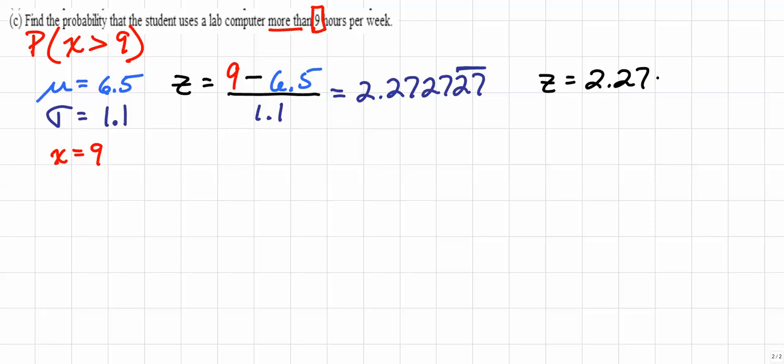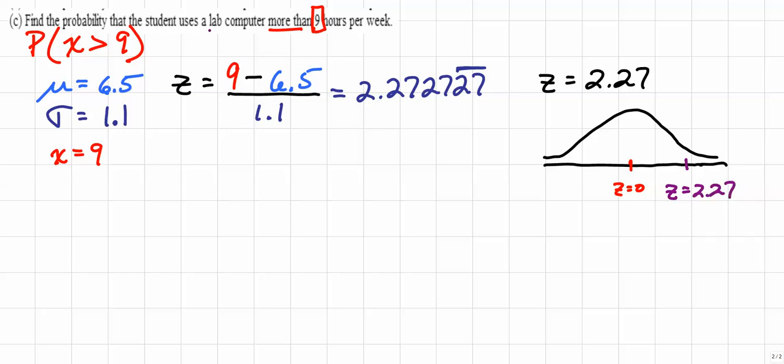So once again, if we look at it in terms of the bell curve, z equals 0 is here, and we are looking at z equals 2.27. And remember that this is a greater than. That's what's important. So it's the probability that z is greater than 2.27.